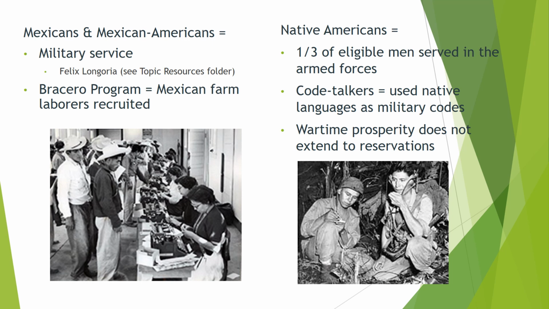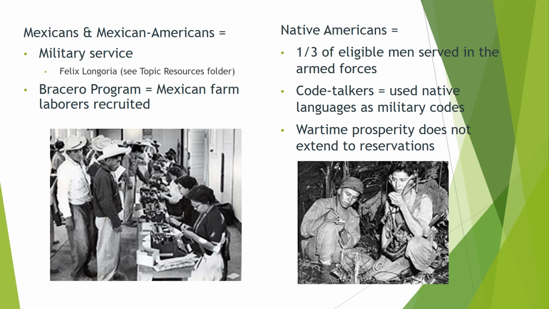We see a huge impact in the Southwest because of the Bracero program. Because wartime had drawn many men out of the workforce and into the military, there was a shortage of labor, particularly farm labor in the Southwest.